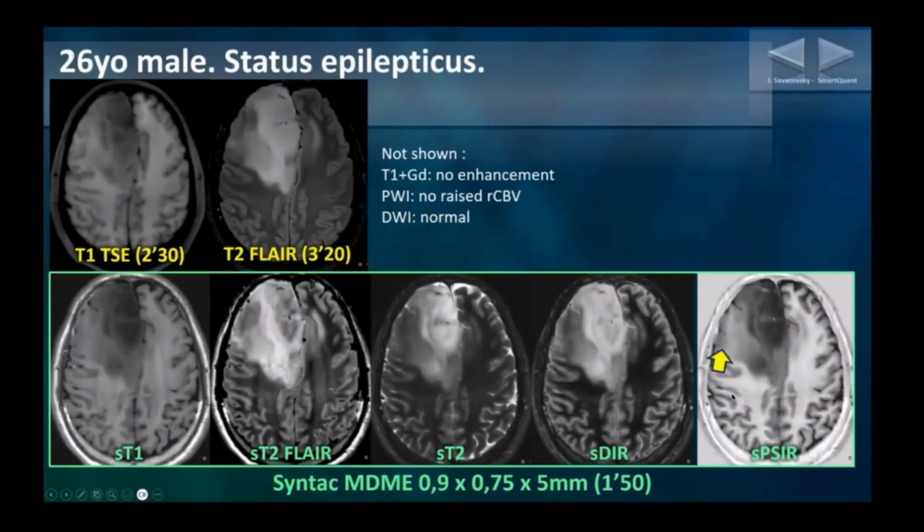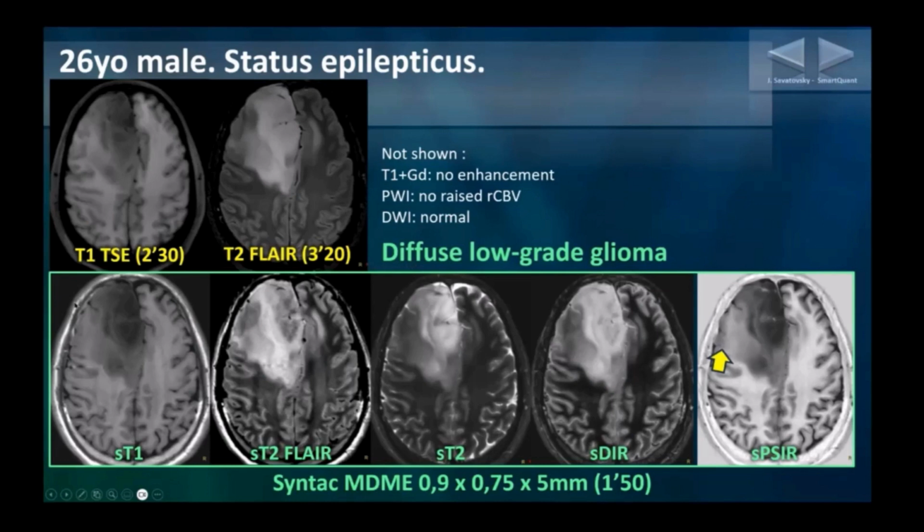So this is another example of a 26-year-old male with status epilepticus. The conventional sequences are upwards, and as you can see, you have a mass within the right frontal lobe that involves both white and gray matter. It has no enhancement and no perfusion abnormalities, so we diagnose a diffuse low-grade glioma.